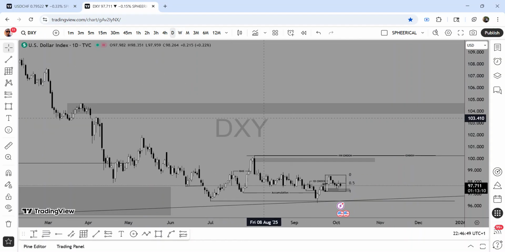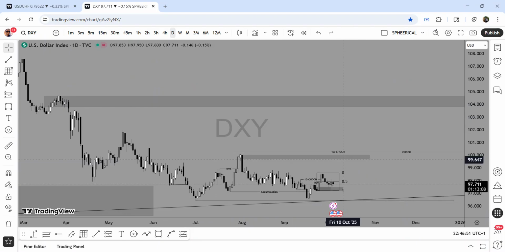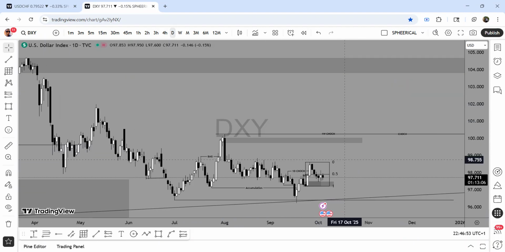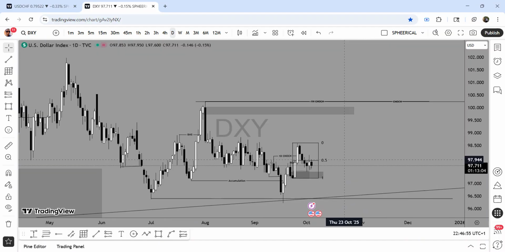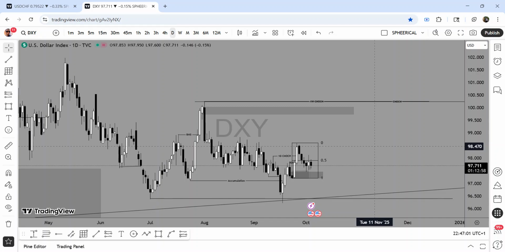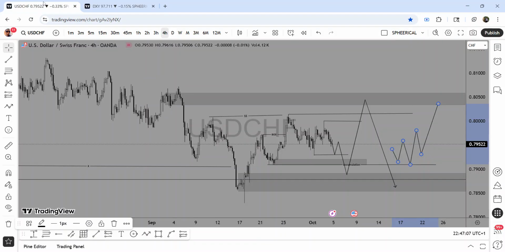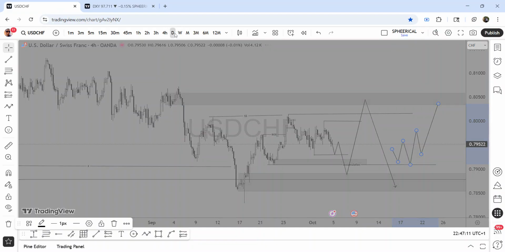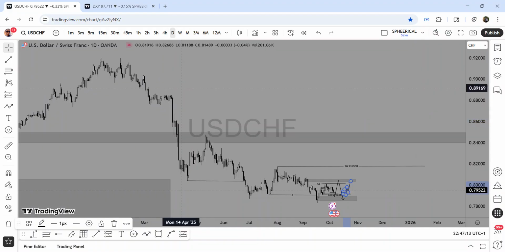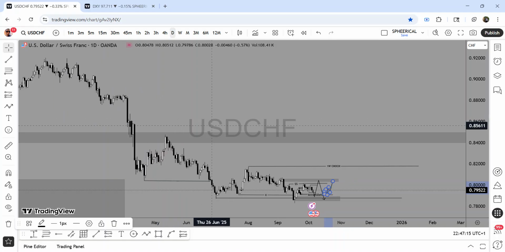If we check the 1 day time frame, you can clearly see that we actually have the same chart pattern. This is that accumulation I showed you. Let me go to 1 day so you can clearly see it.